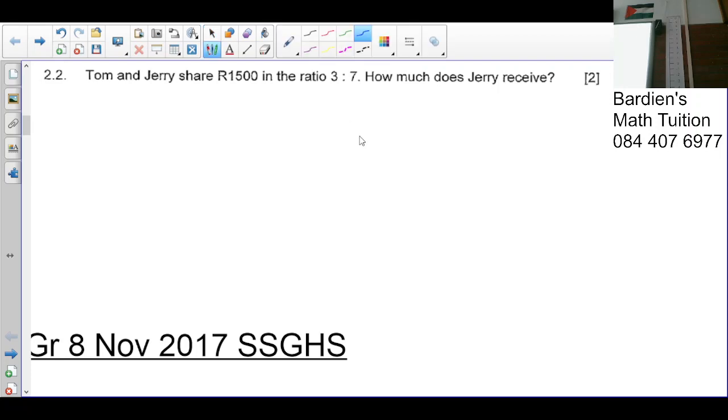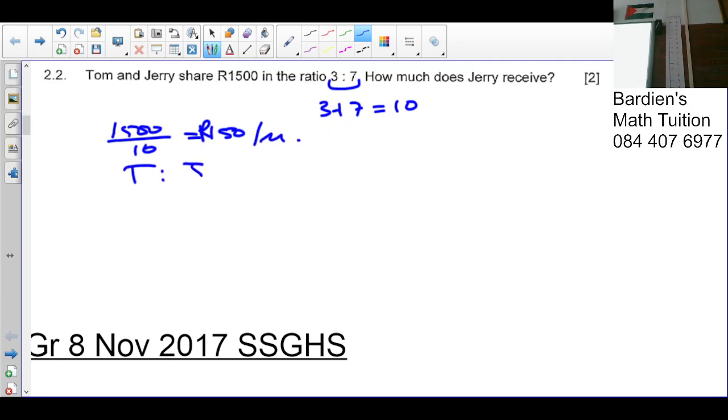So what we do is, the total number here, of course, is going to be 3 plus 7, which is 10. So we say 1,500 Rand must be divided by 10, which gives you 150 Rand per unit. We got Tom and Jerry. Of course, Tom gets 3 parts of the 150, whilst Jerry gets 7 parts of the 150.